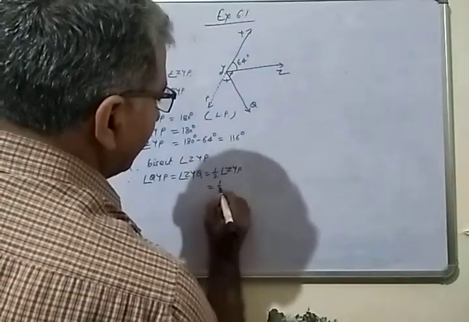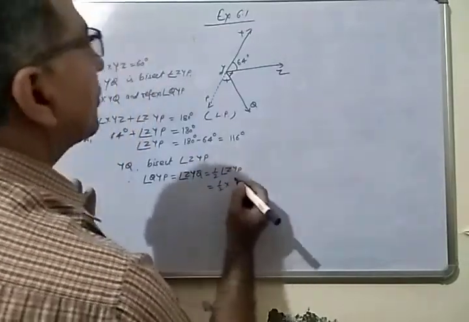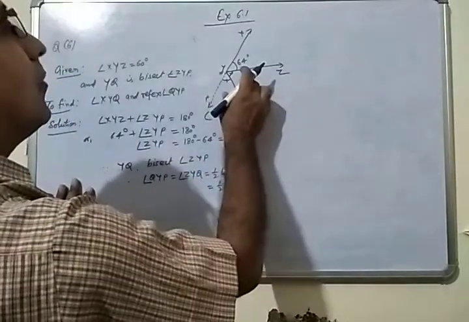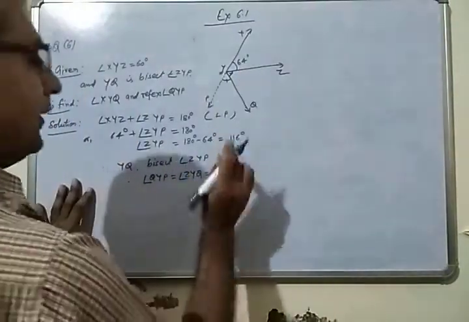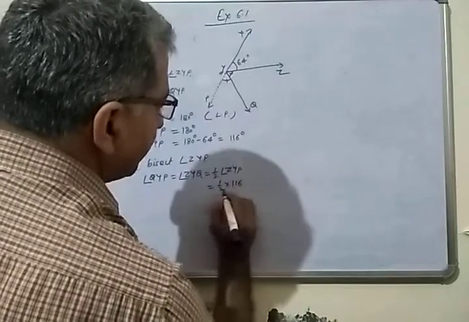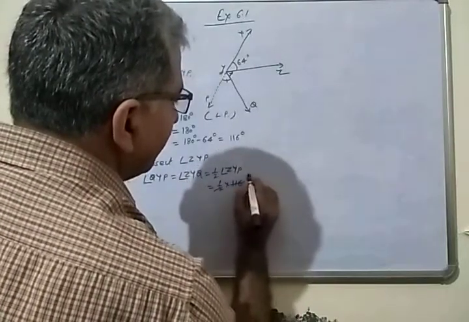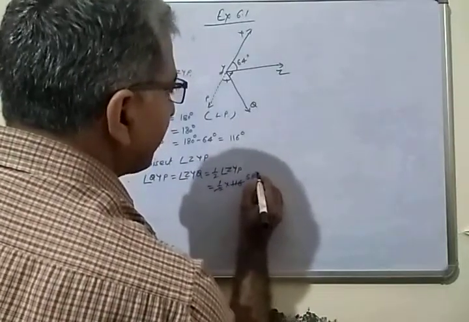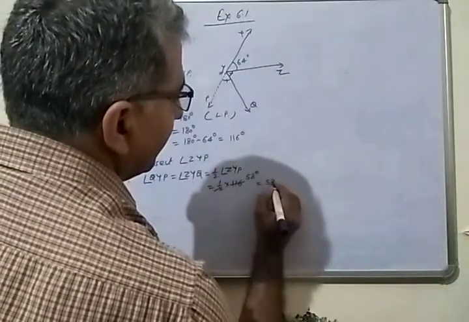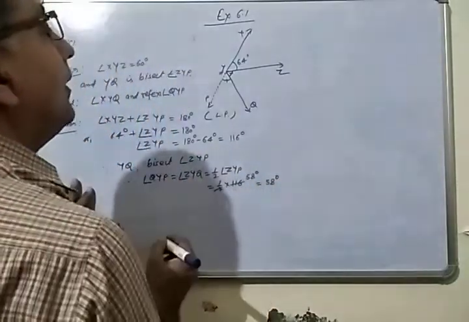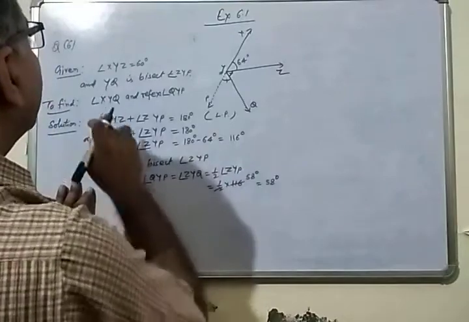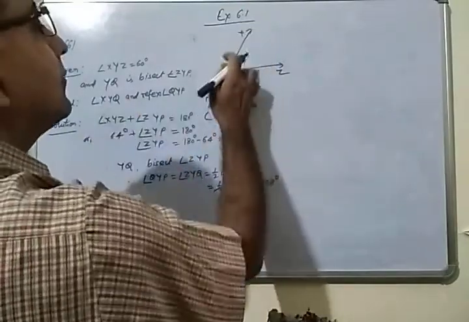So this is equal to 1 upon 2 into 116, cancel by 2, this will be 58 degrees. Now we have to find angle XYQ.